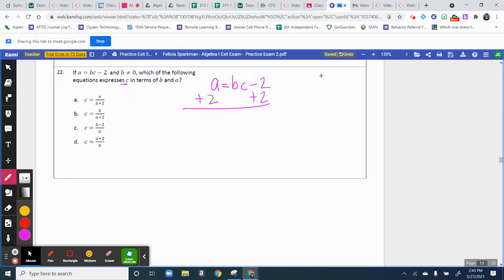And this is just like a two-step equation, right? If I had 6 equals 4x minus 2, the first thing I would do is add 2, right? So then I would have 6 plus 2 equals 4x. That's what I'm doing here. So I have a plus 2 equals b times c.